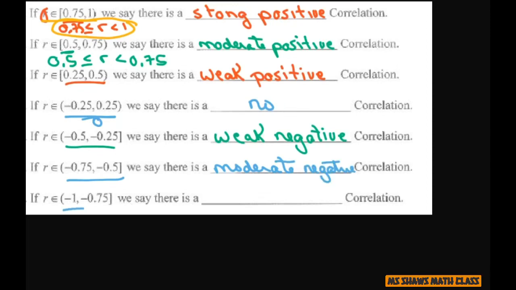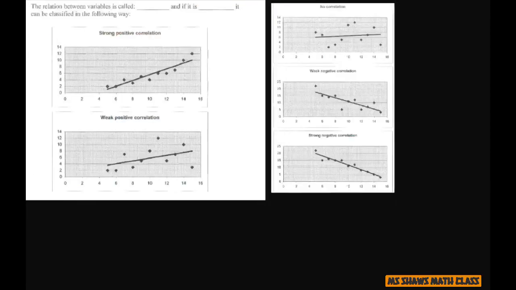And then from negative 1 to negative 0.75, that's a strong negative correlation.